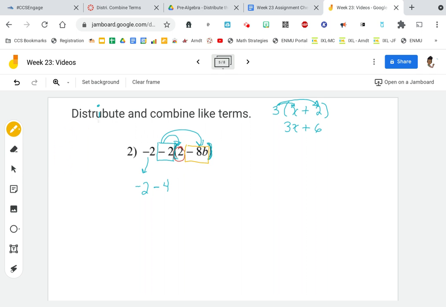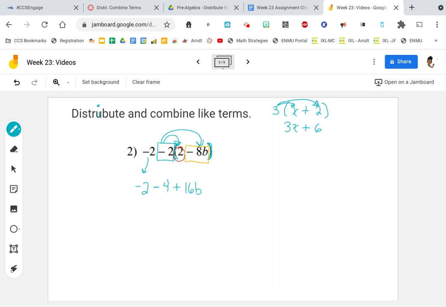So again, negative 2 times negative 8b. A negative times a negative is a positive. And 2 times 8 is 16. And we can't forget the b.